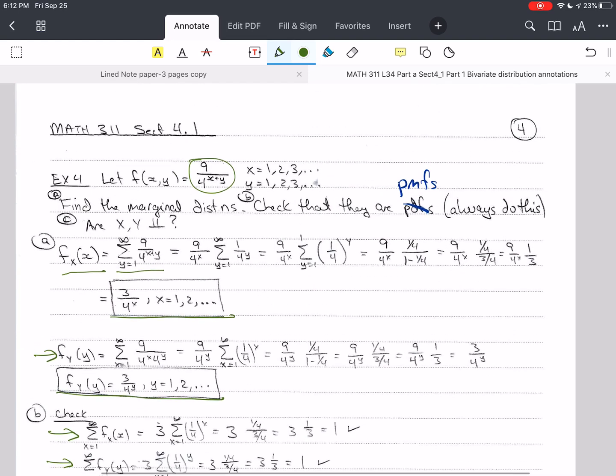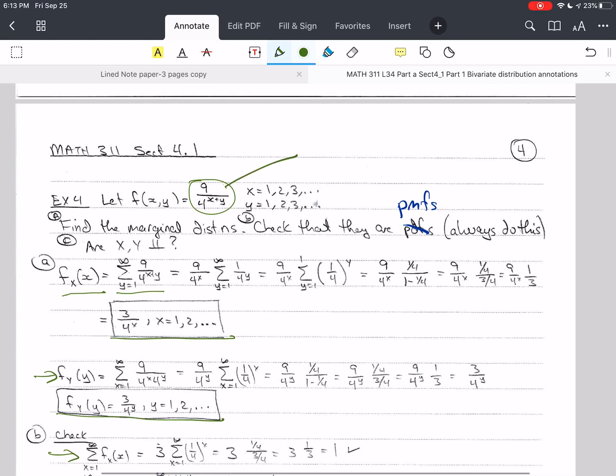I also want to point out that I could take this and I could say 9 over 4 to the x plus y. I can break this up into 4 to the x, 4 to the y. And I can choose any combination. I can make 9 over 4 to the x times 1 over 4 to the y. And sure enough, that is equal to this.